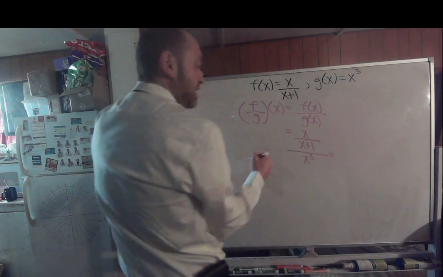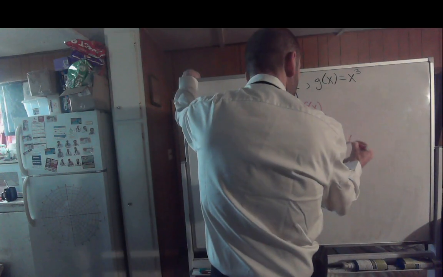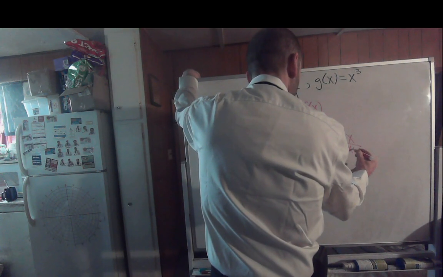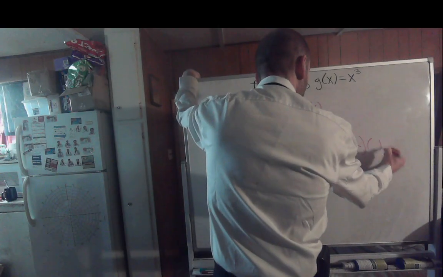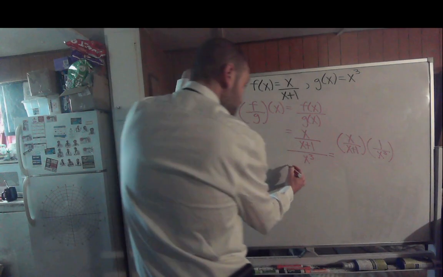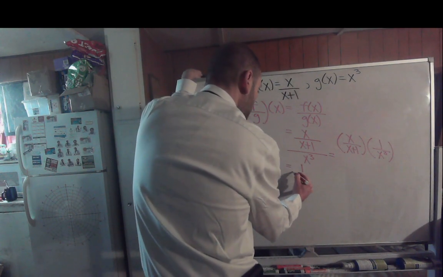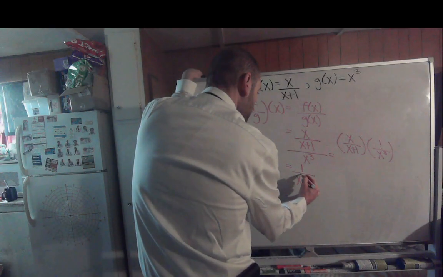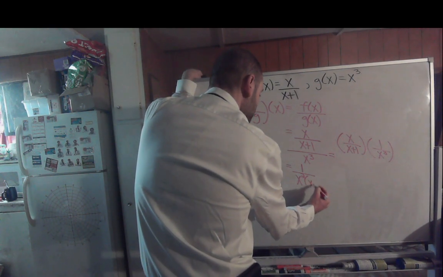So now you have a complex fraction. This will turn into x over x plus 1 times 1 over x to the third, which would end up simplifying into 1 over x squared times x plus 1.